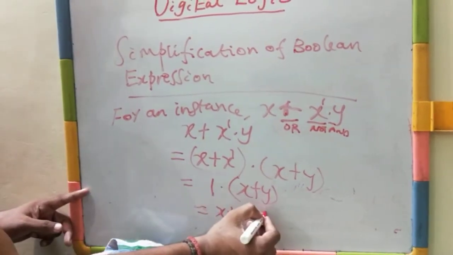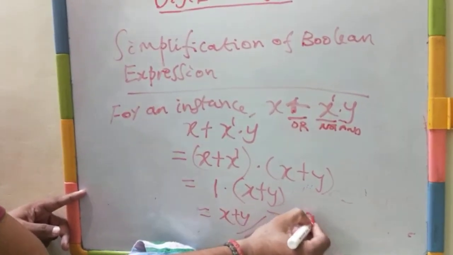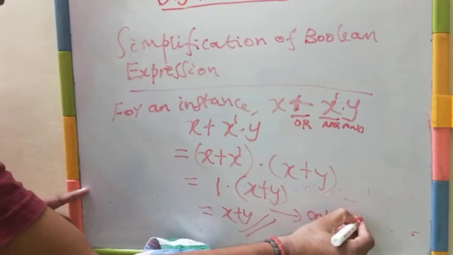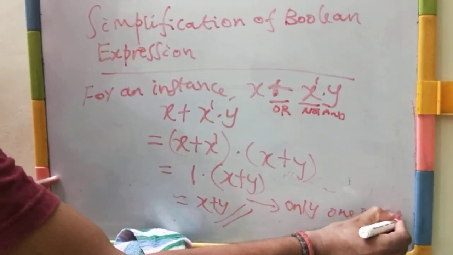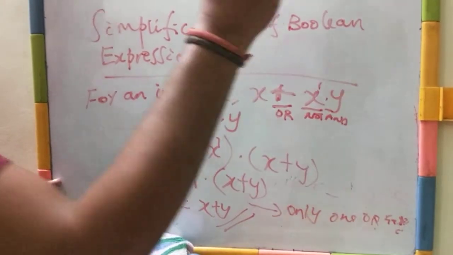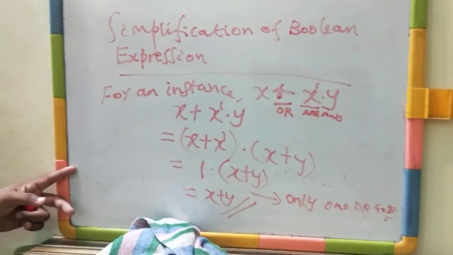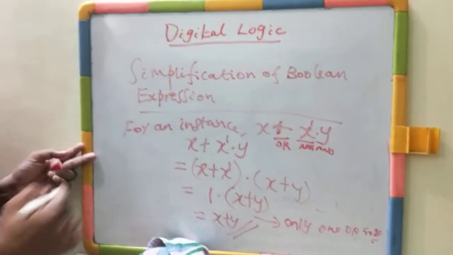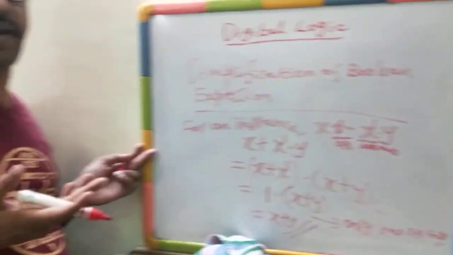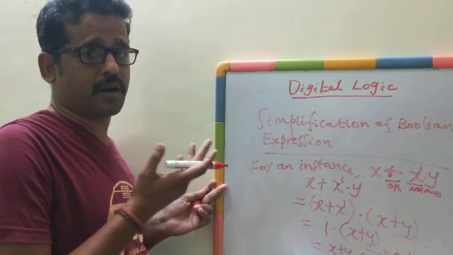Now we need only one OR gate, right? So the size of the circuit has been highly reduced. Before simplification, for the expression we need 3 gates, namely AND, OR, NOT.